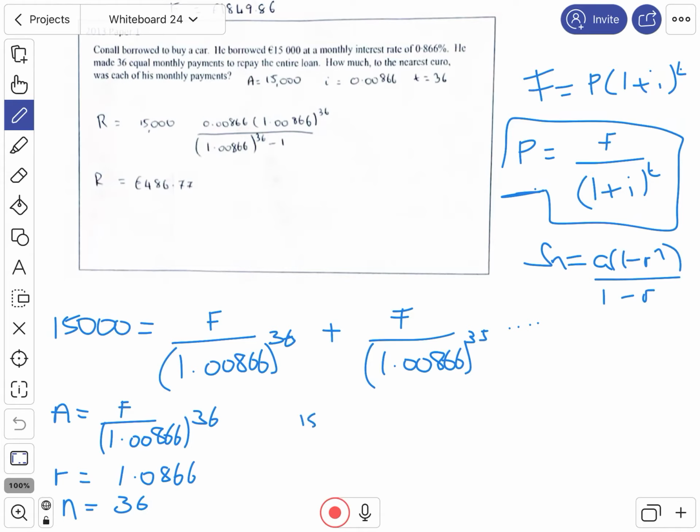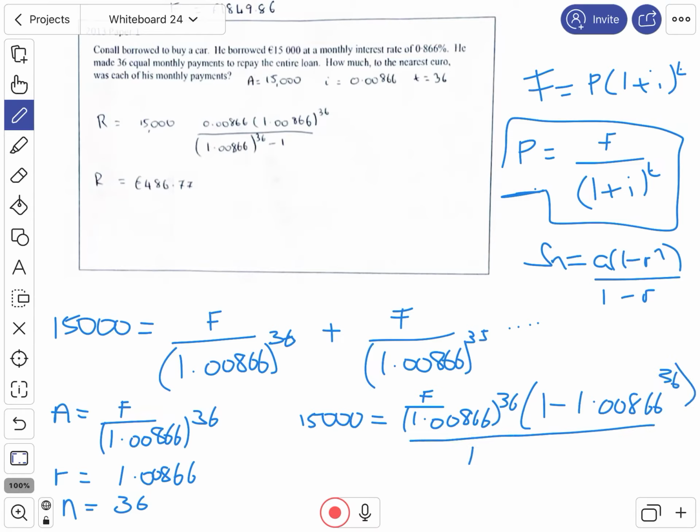The SN is 15,000. My answer is going to be 15,000 equals A, which is F over 1.00866 to the power of 36, that's A, by 1 minus OR, which is 1.00866. I realized I forgot a 0 in here. How many times is this happening? 36 times, all over 1 minus 1.00866.